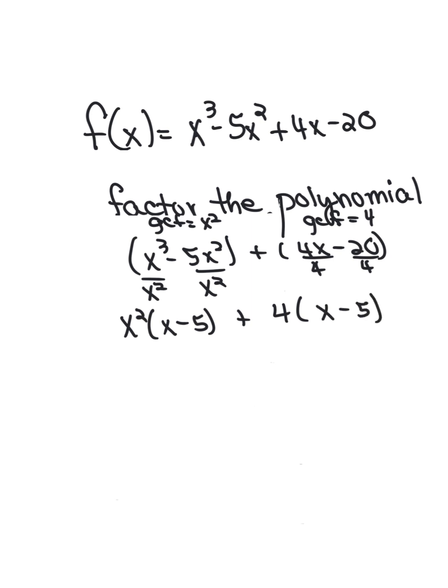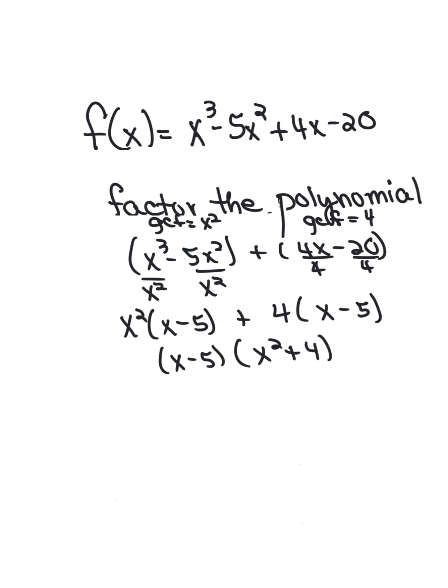Okay, at this point, when we factor a polynomial with 4 terms, we know this parentheses has to be the same. So my final factorization would be the common parentheses times the parentheses that contains that GCF.